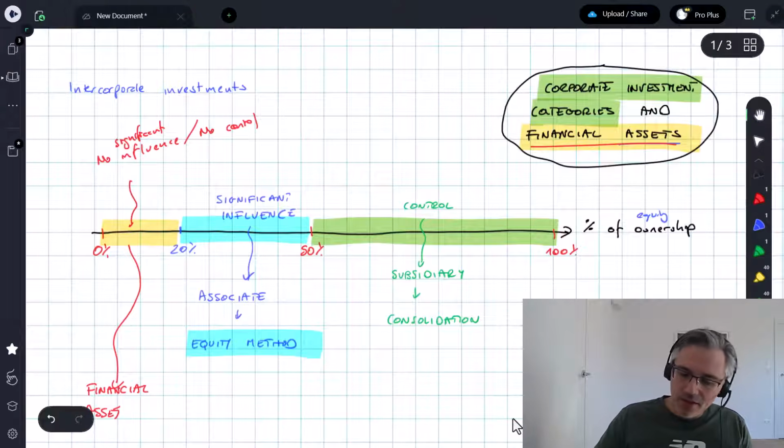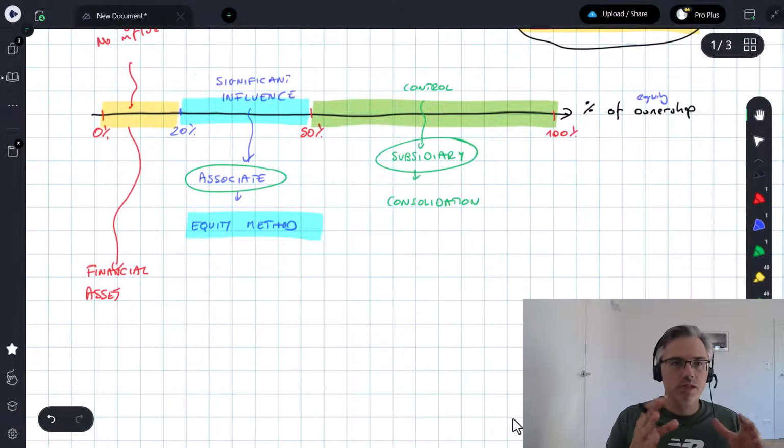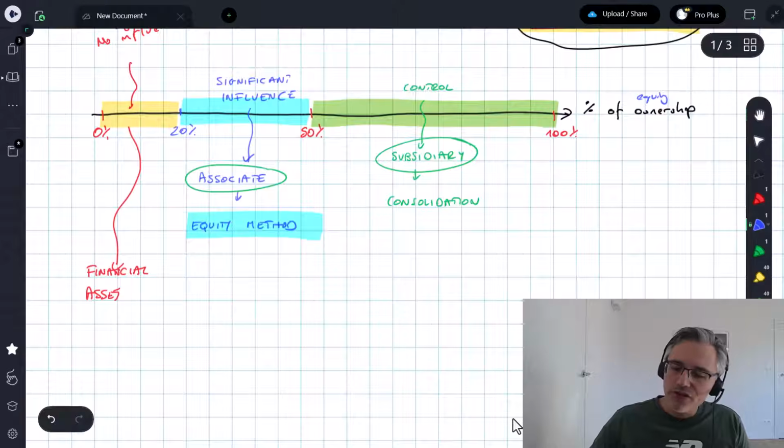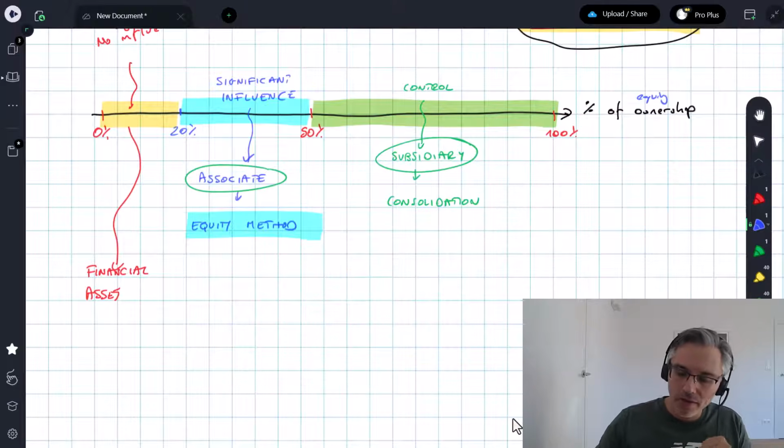Okay, let me just say that aside from associates and subsidiaries, for which we have specific accounting treatment, there's also one additional type of relationship that comes from intercorporate investments that you need to know about. It's not as common as the other two, but we refer to it as joint control.